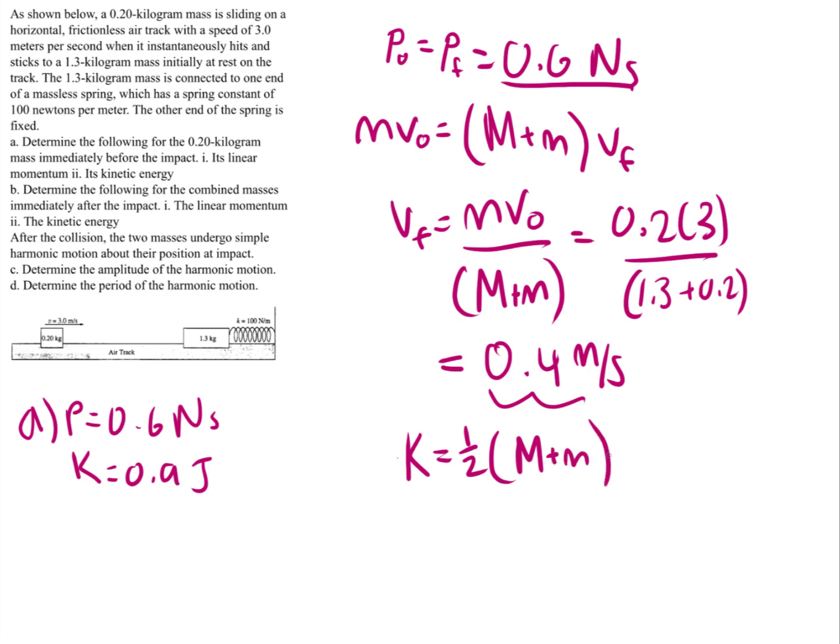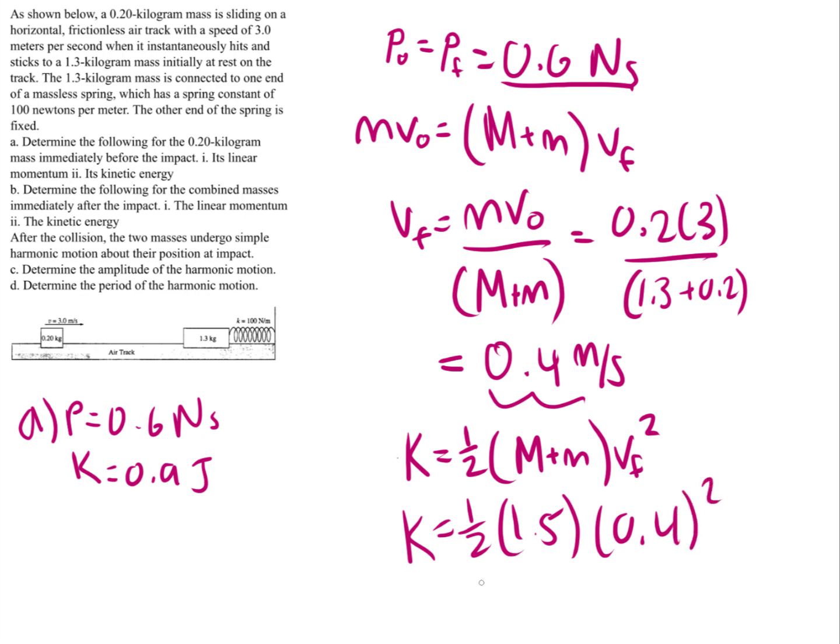M is now the combined masses, and v is the velocity after the impact. So we plug everything in: 1/2 times 1.5 times 0.4 squared, which is equal to 0.12 joules. So the kinetic energy after the collision is 0.12 joules, which is a lot smaller than the initial 0.90 joules.